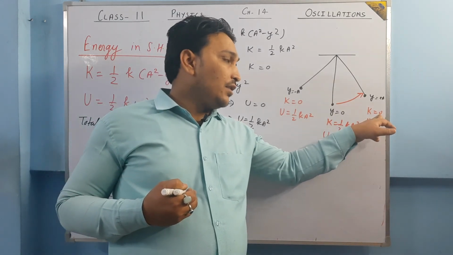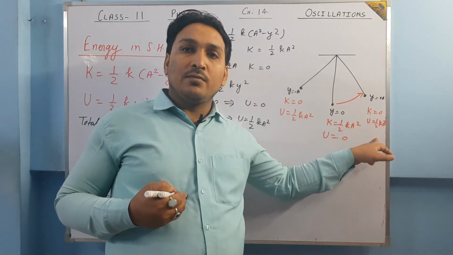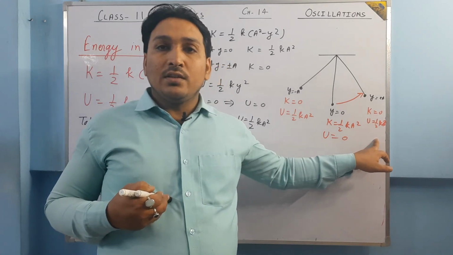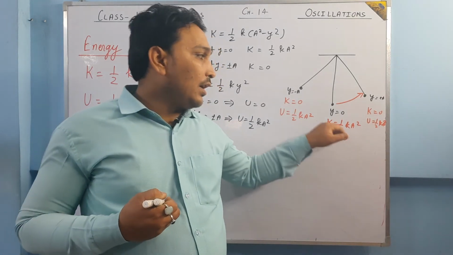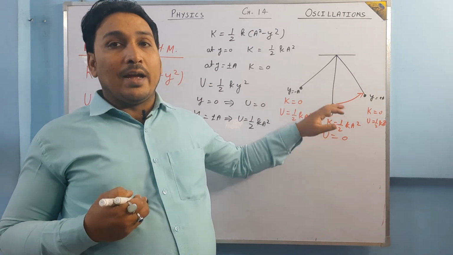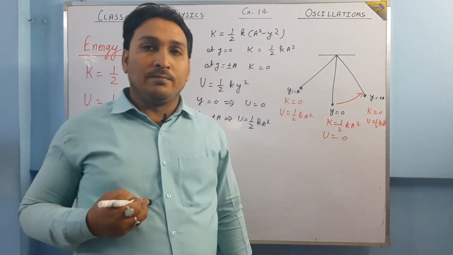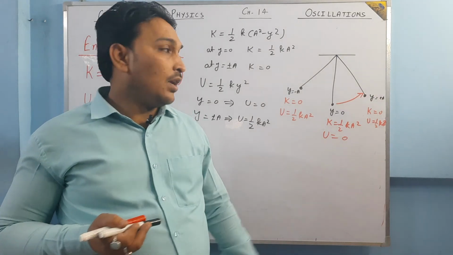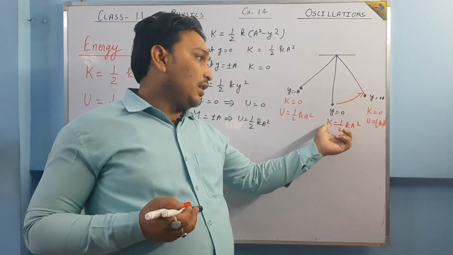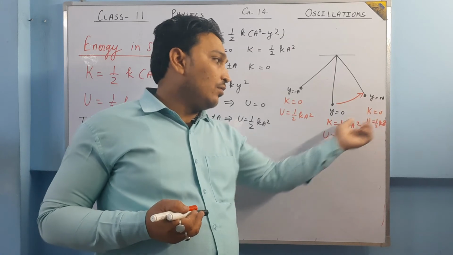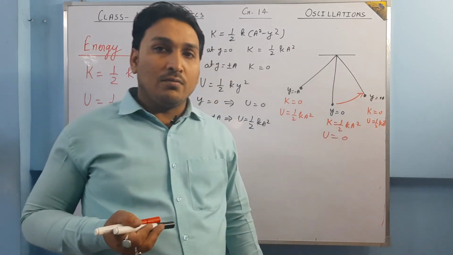Here kinetic energy is 0 and potential energy is maximum. In other words, all the kinetic energy has been converted into potential energy. K was half k a square, now it is 0. U was 0, now it is half k a square.